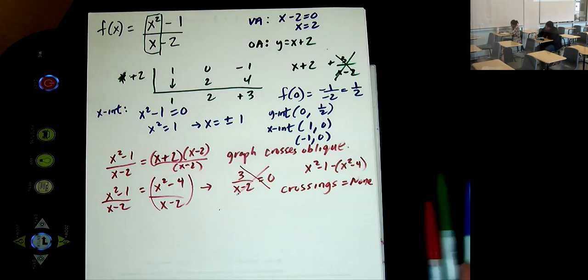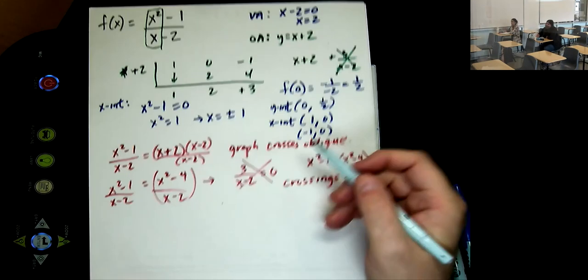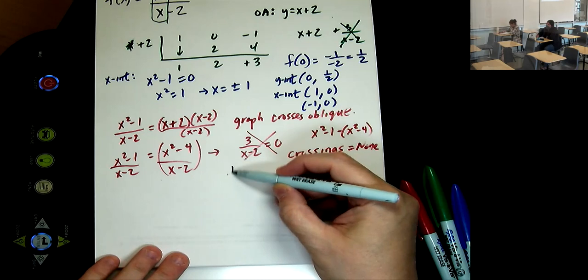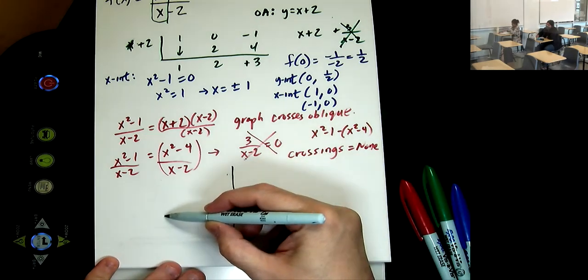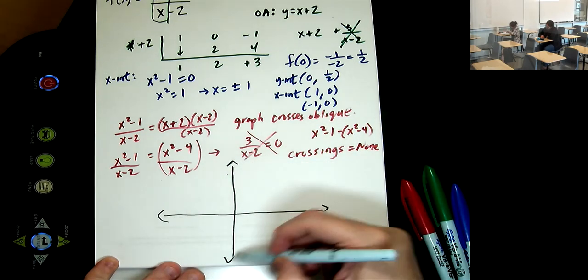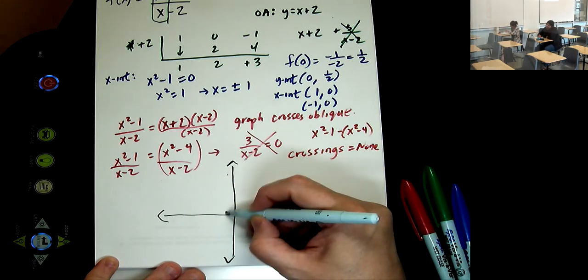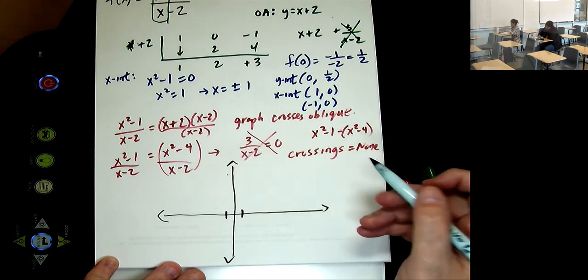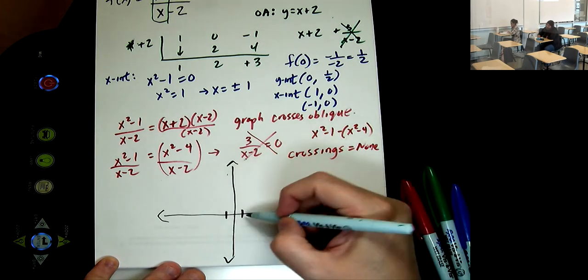So what do we have here? We have a vertical asymptote at x equals 2.